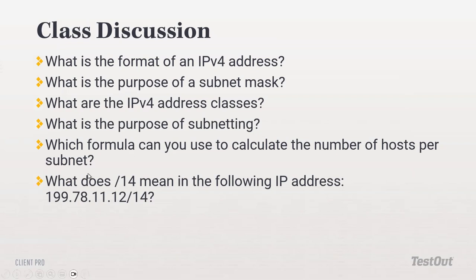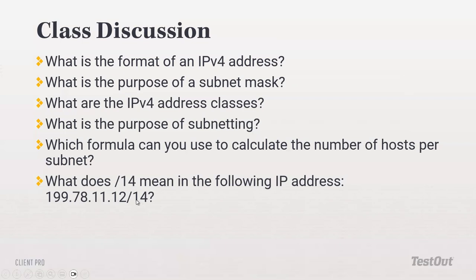And the /14 in this address, here's your CIDR notation. That means that the subnet mask would contain 14 bits, which would be 255. That's the first 8. And then we have 6 more.